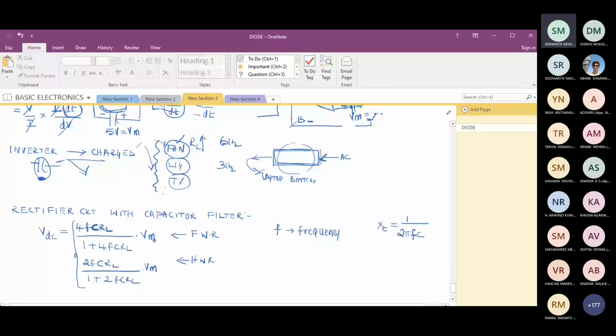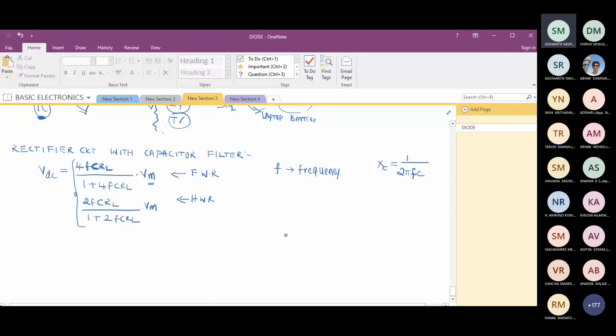If you ask me how VDC looks, it is something like this. Let me draw it and show. Your x-axis is omega t, y-axis is V out, and we are getting a waveform like this. All agree that we are getting a charging, discharging waveform like this? Fine. So your VDC is the average value of this waveform. Where is the average value? Somewhere in between.